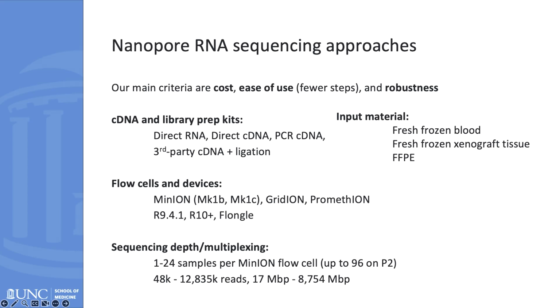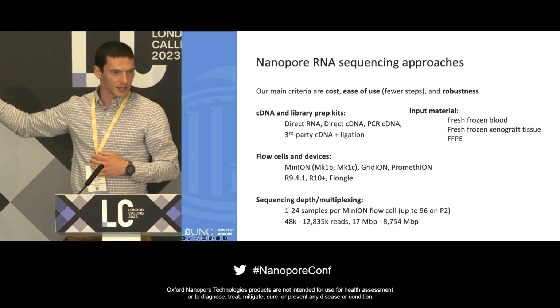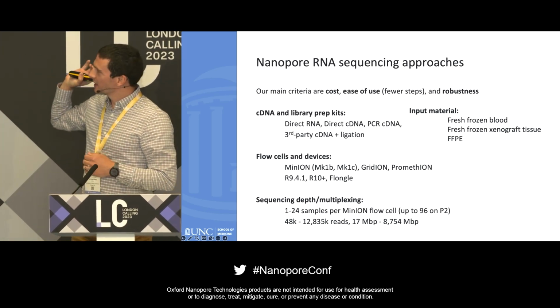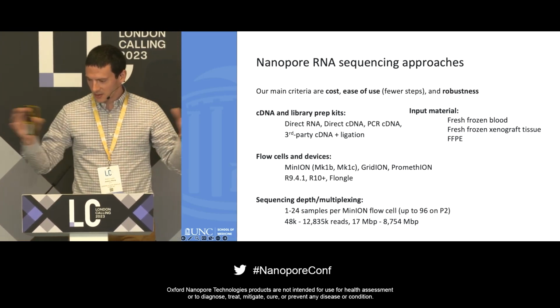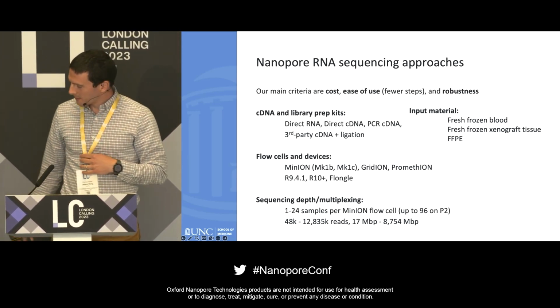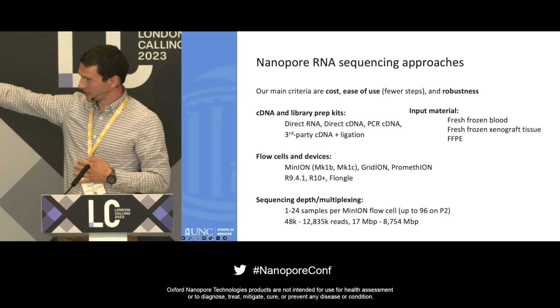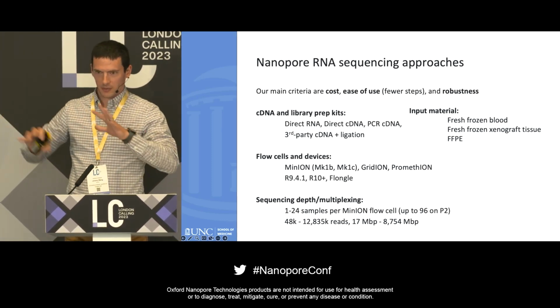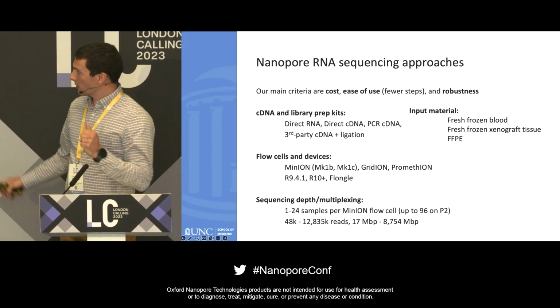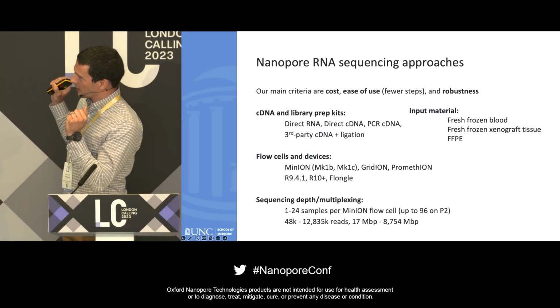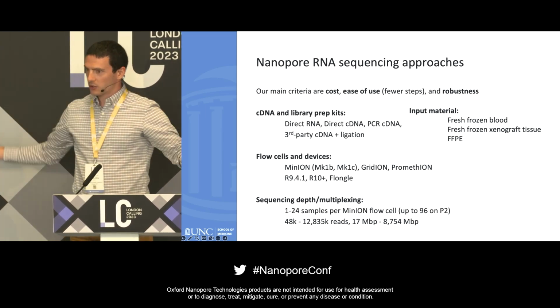So we have tried essentially the kitchen sink: direct RNA, direct cDNA, PCR cDNA. I think we did some smarter cDNA at one point across a bunch of devices. And different input material, which I'll talk about when we discuss the difference between leukemias and lymphomas and solid tumors. But all this to say, we've experimented with a huge amount of variation.